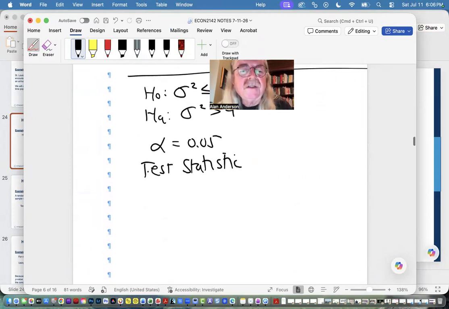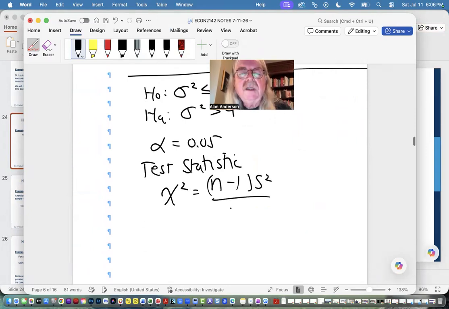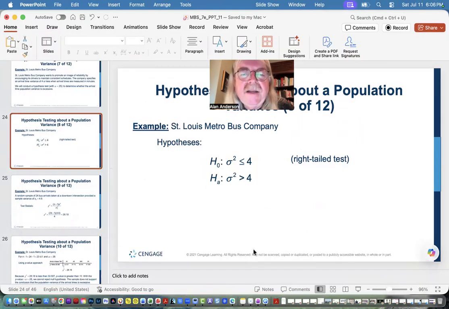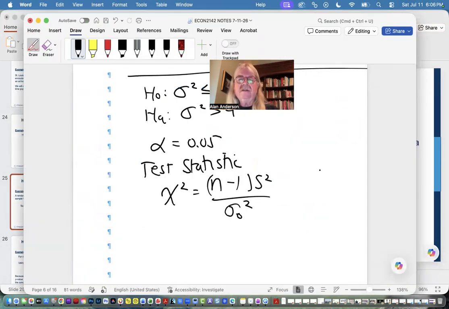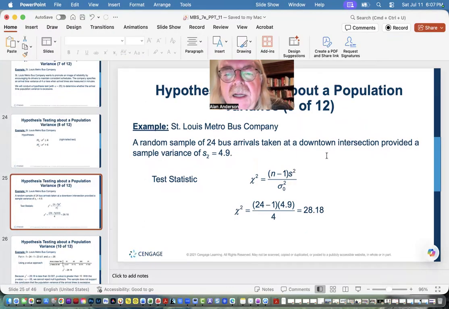As we just saw, the test statistic is chi-square equals n minus 1 times s squared over sigma squared. And now they've got to give us some data. We have 24 buses, and the sample, aha. Unfortunately, there's a typo here. It says sample variance, but it says S2.